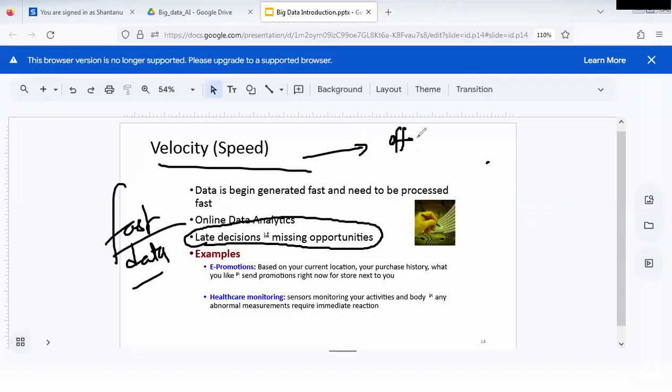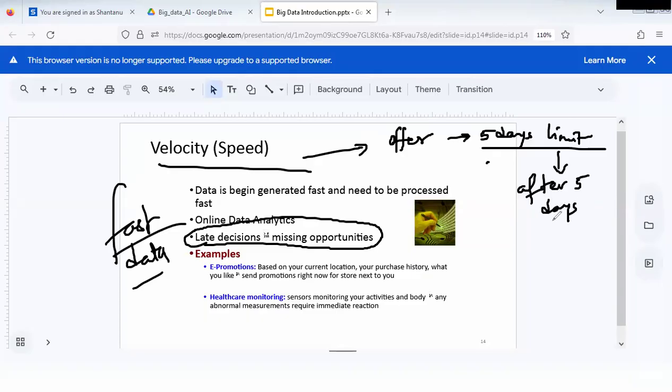You get some offer, offer has maybe 5 days limit. If you see the offer after 5 days, can you use that offer? Yes or no? After 5 days, same offer, no use. No use of the data. Yes, everyone has experience, right? So same way, online offers and dhamaka sales और ये सब चलता रहता है. So there is velocity, there is speed.